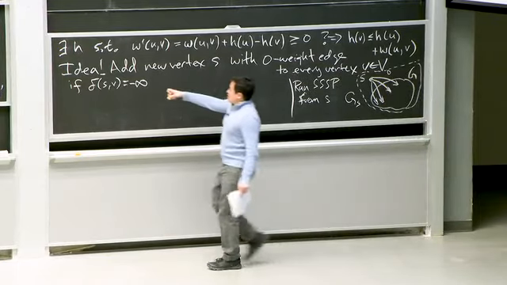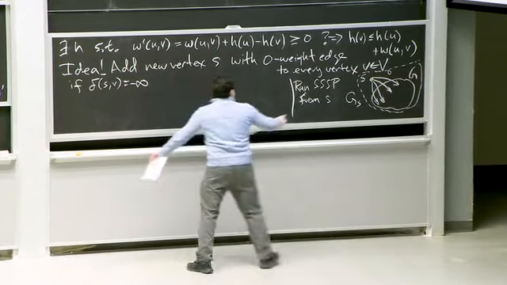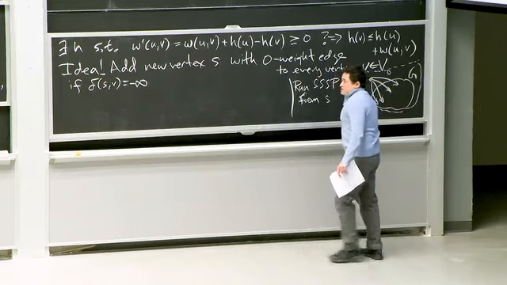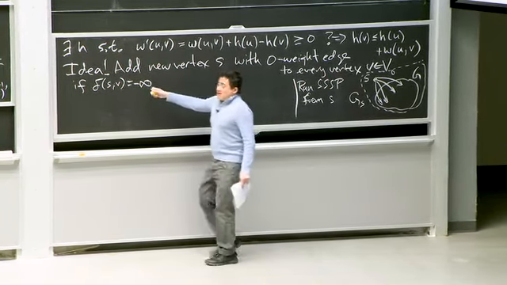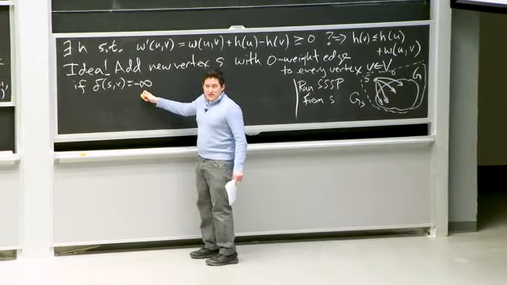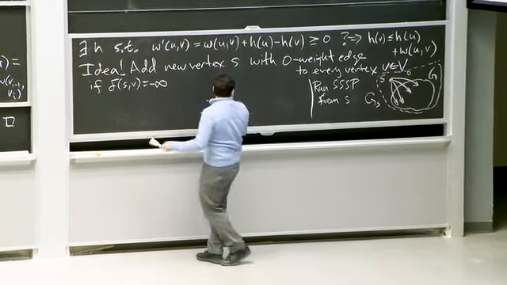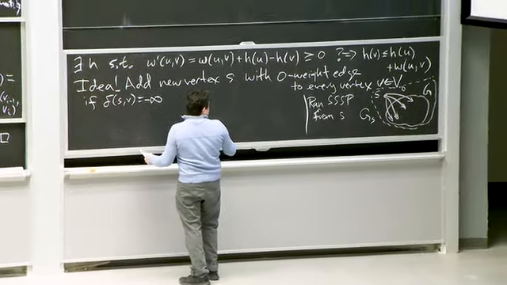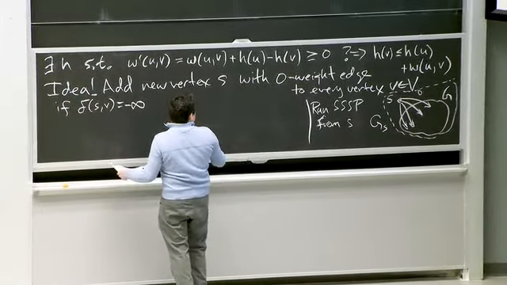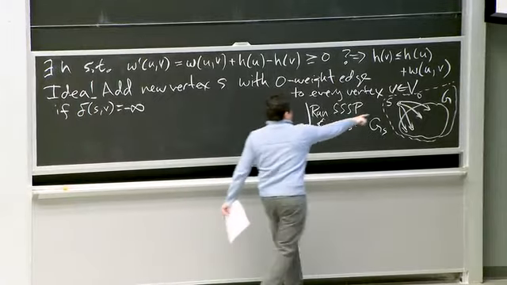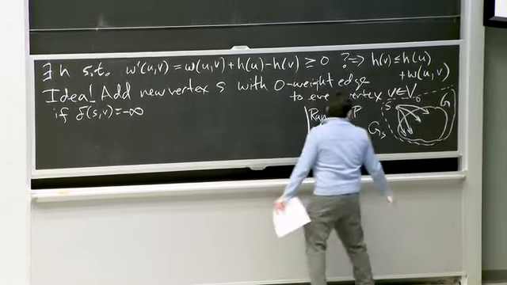If there exists in this new graph, G_S, a vertex that has negative infinite weight, in the original graph, G hasn't been reweighted yet.